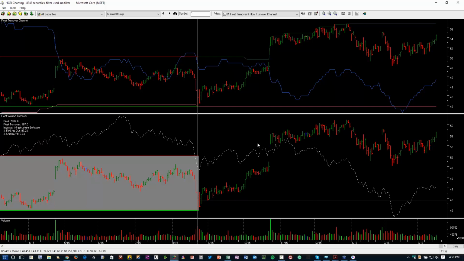So in theory, it's a good indication that overhead supply still exists on Microsoft, because from that bottom point, it hasn't actually exchanged all the shares yet. Now, Microsoft, these stocks with epic float and epic volume, their rules are a little different.